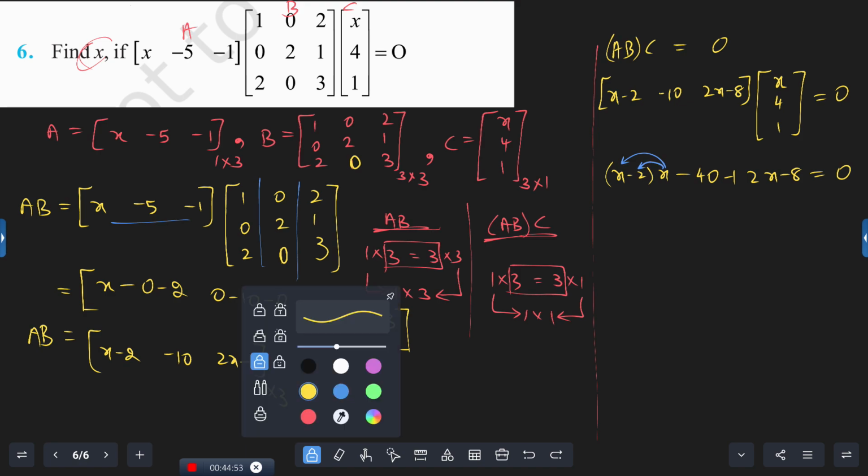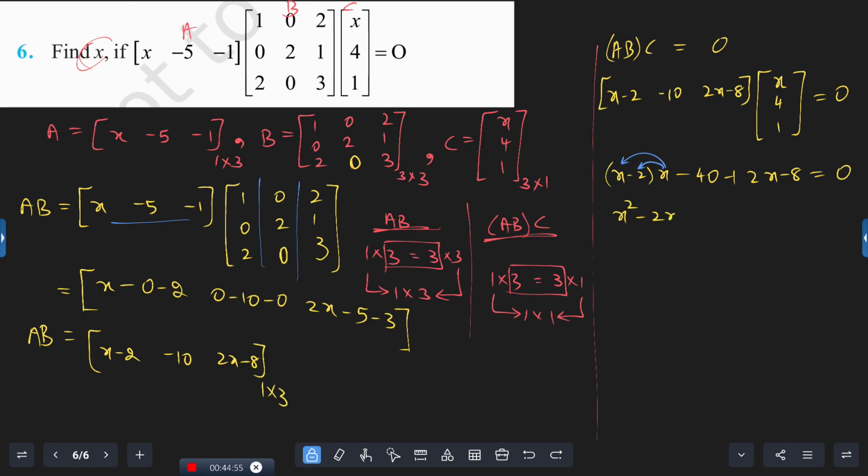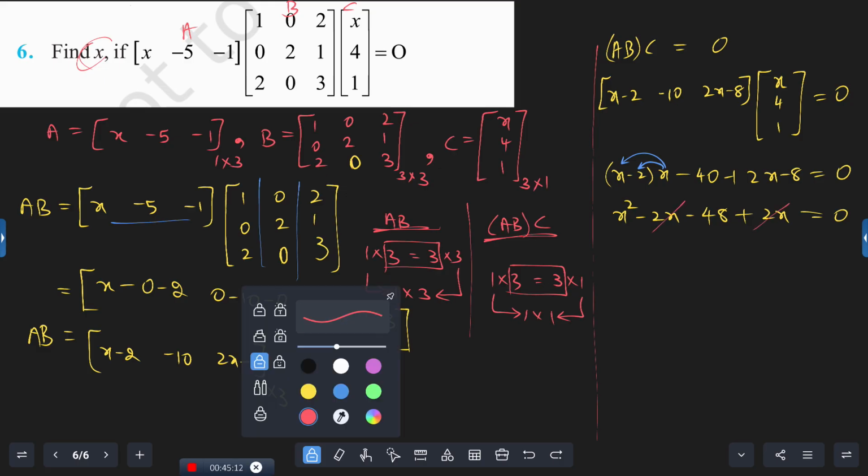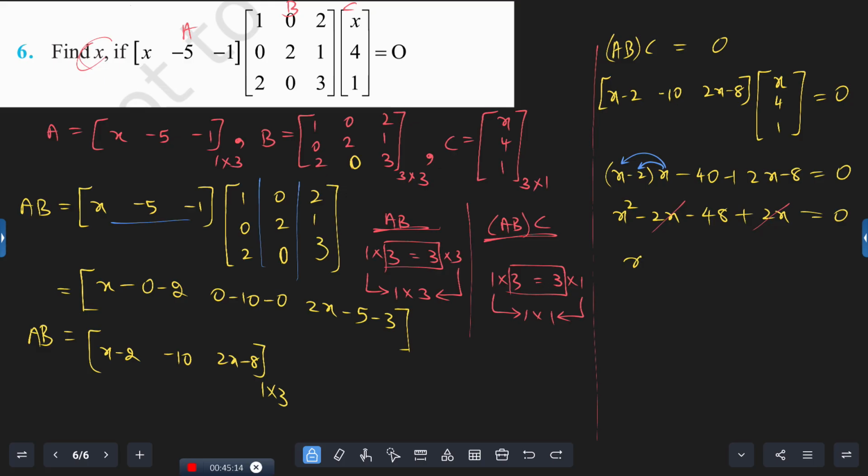So what you are getting: x square minus 2x minus 40 minus 8, minus 48, and that will be plus 2x, which is equal to 0. Now you can notice one thing, plus 2x minus 2x is cancelled.